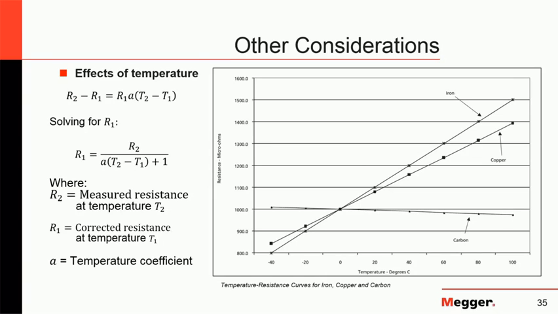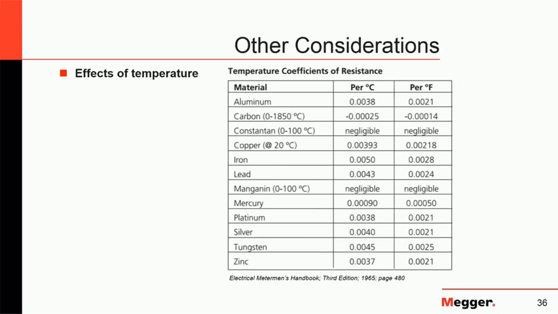In this formula, the R2 is the measured resistance, the T2 is the temperature at which you measure the resistance values, and T1 is the temperature at which you want to correct the values. Then A is the temperature coefficient, and that is dependent on the material of the conductor you are testing.